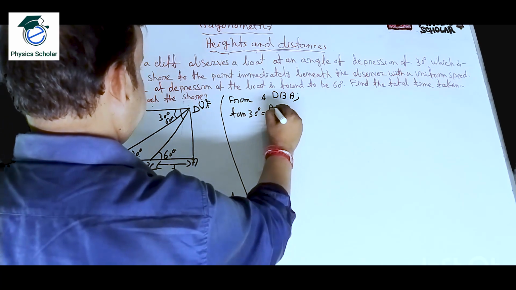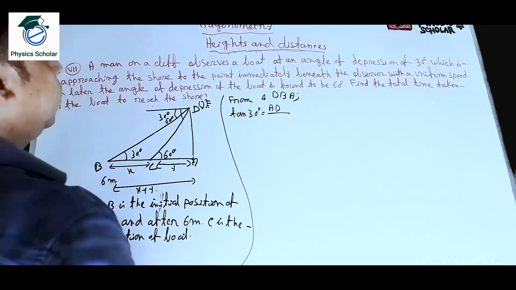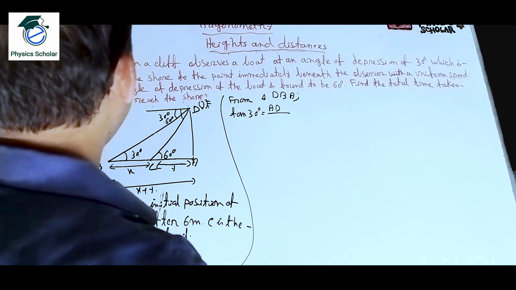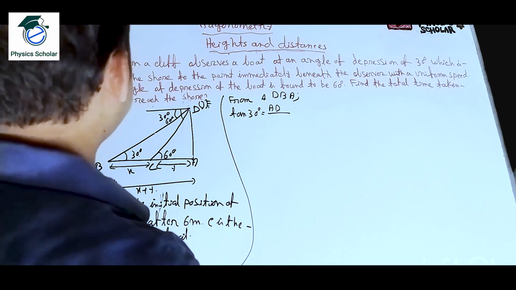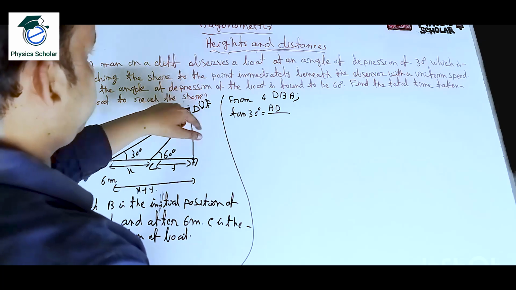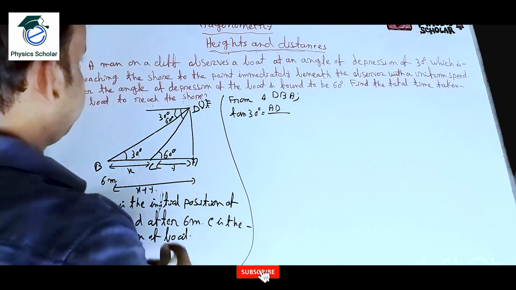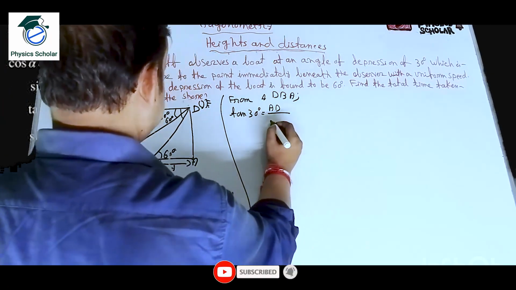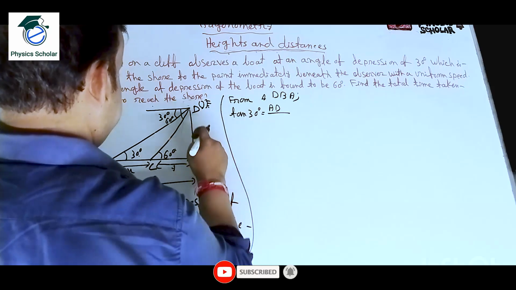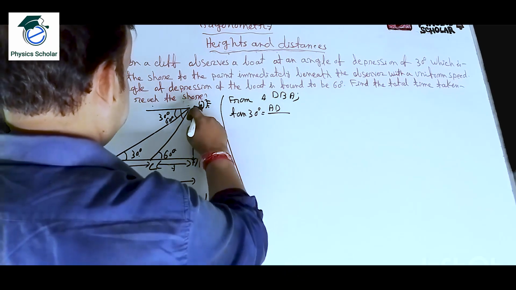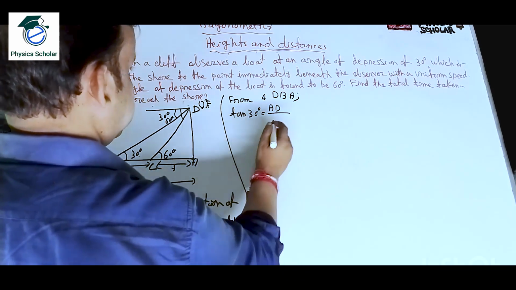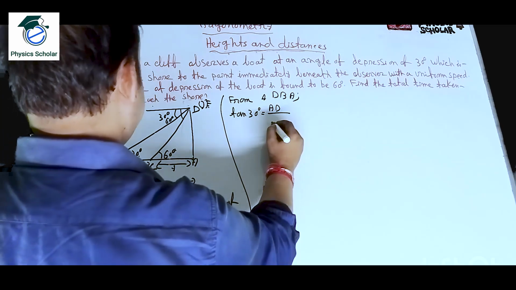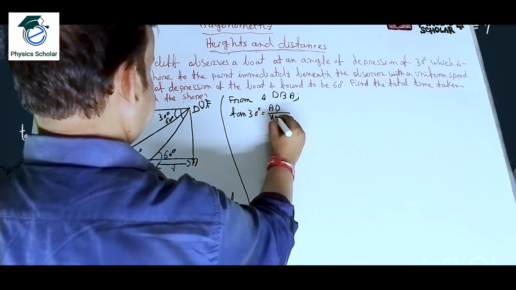Tan 30 degrees is equal to what? Perpendicular AD. The angle of depression is 30 degrees, approaching the shore at a point immediately beneath the observer. So AD, the height, by BA. BA means x plus y.